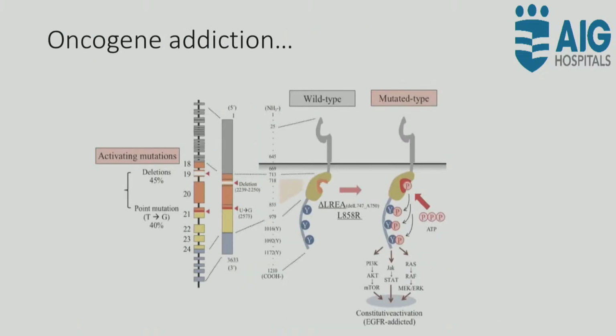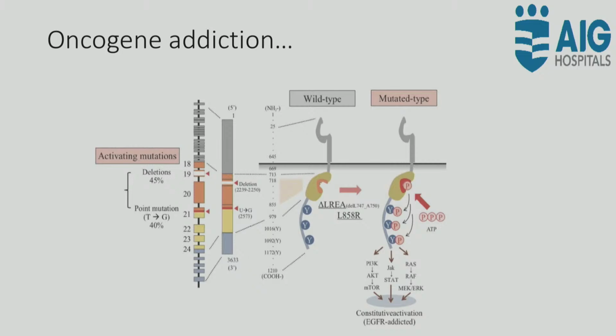How does the cell get addicted to it? Because of the various activating mutations. You can see this is the EGFR gene, and the most common mutations that occur are exon 19 deletions, which constitute around 45% of the total EGFR mutations, and a point mutation called L858R, which occurs in exon 21. This accounts for another 40% of the patients.